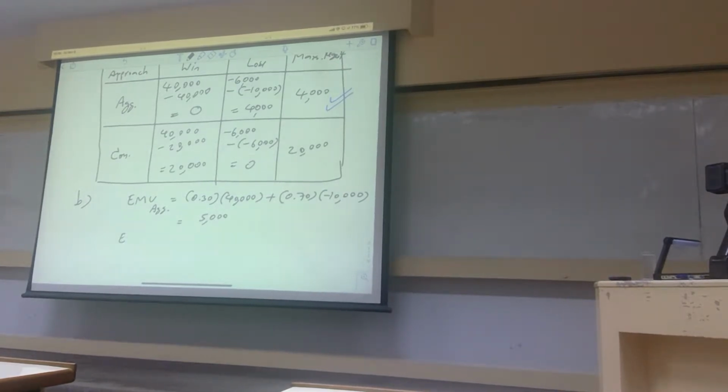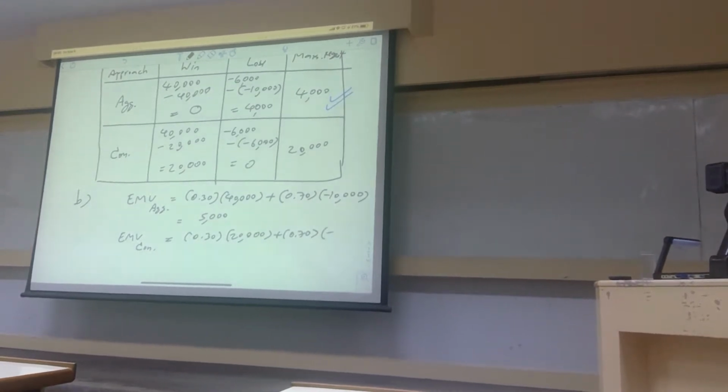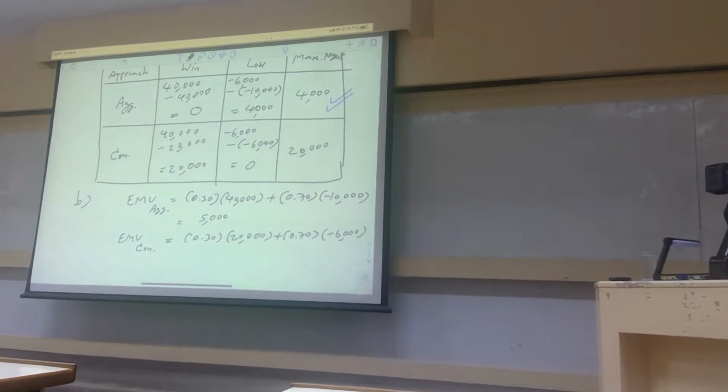For the EMV of the conservative approach, we have 0.3 multiplied by 20,000 plus 0.7 multiplied by minus 6,000.